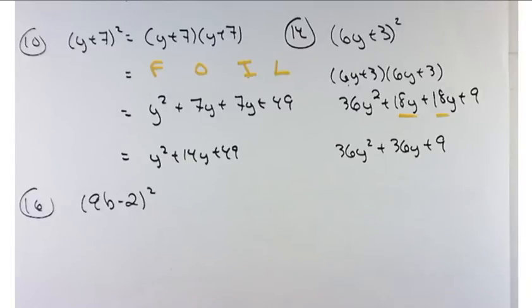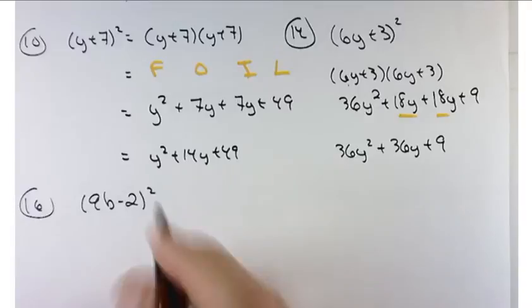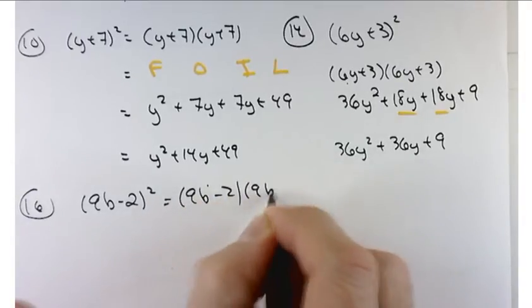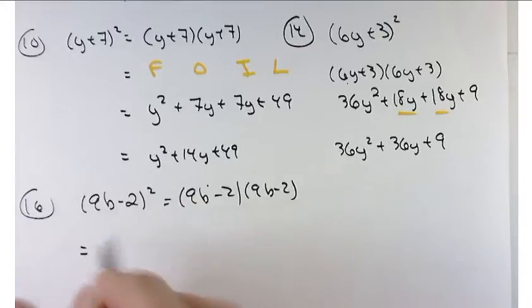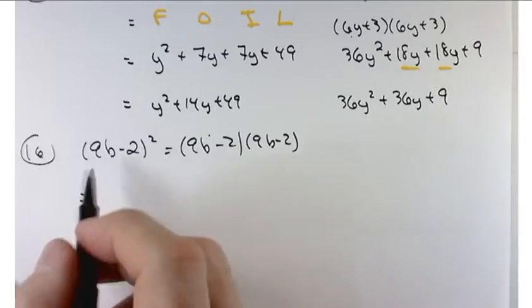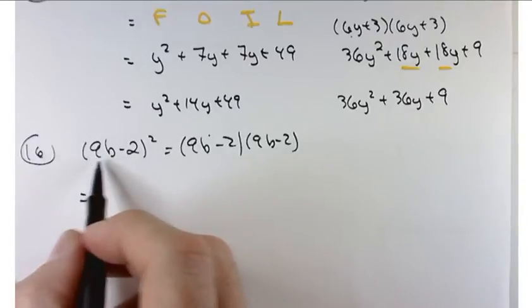Okay. What'd you get? I got ab squared minus 2ab minus 2ab plus 4. This is a 9.